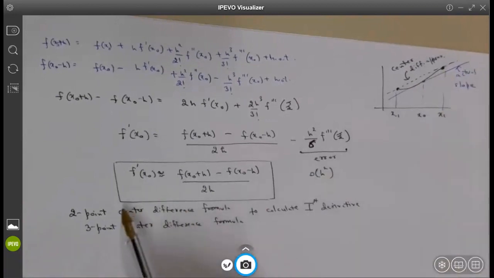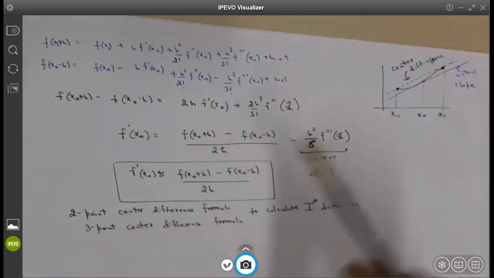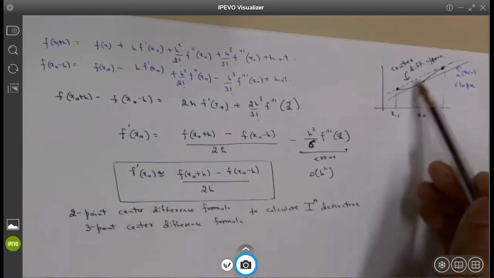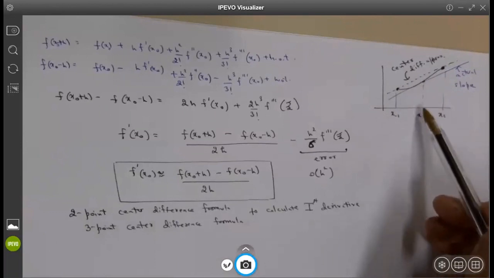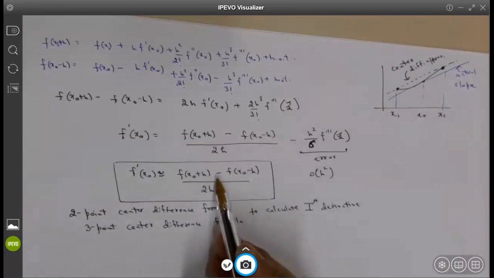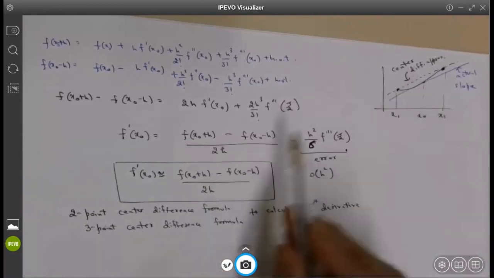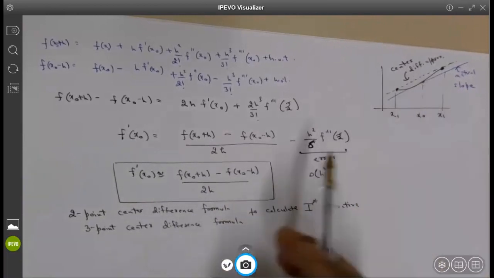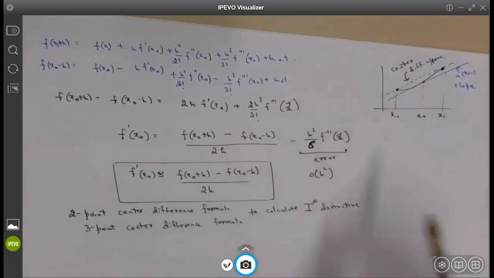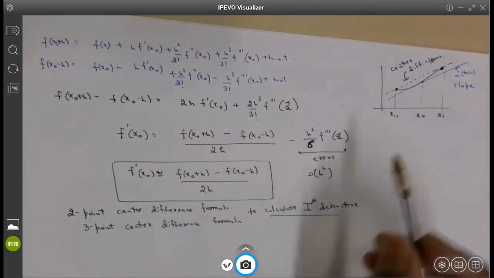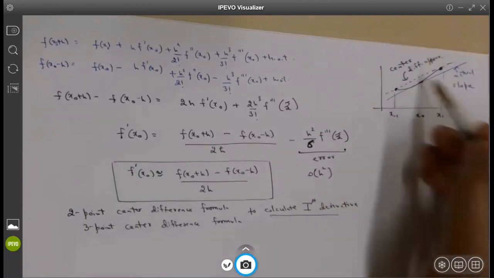Some texts say that is the 2-point center difference formula, but since you are finding the slope of this function centered at x naught, some texts also call that the 3-point center difference formula, even though the function value at x naught is not used here. And this is basically a formula to calculate the first derivative at x naught.